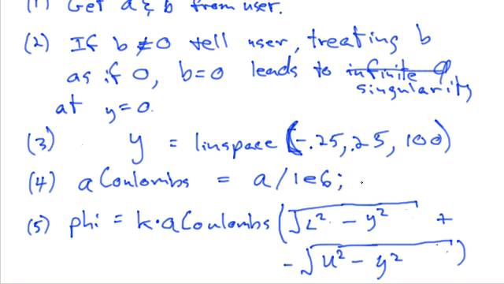I'll say k equals 8.99 E9. Again, that's computerese. We wouldn't normally write that way, but I'm going to put the units anyway. Newton meters squared per coulomb squared, although we're not going to put it in the code.